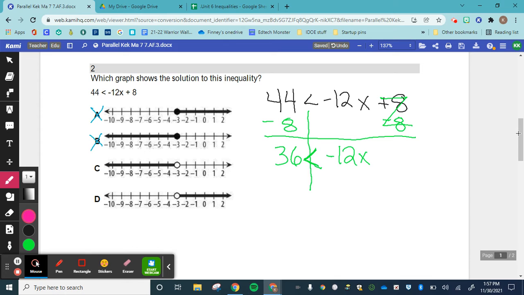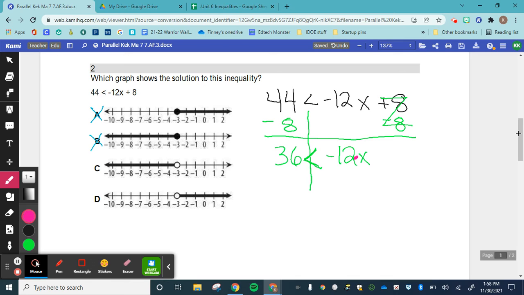Now, I still need to get x alone, so I have to cancel out the number that is with the x. Remember, that's called the coefficient, the number that is being multiplied by the variable. I would put my dot there, just to remind myself that is multiplication.